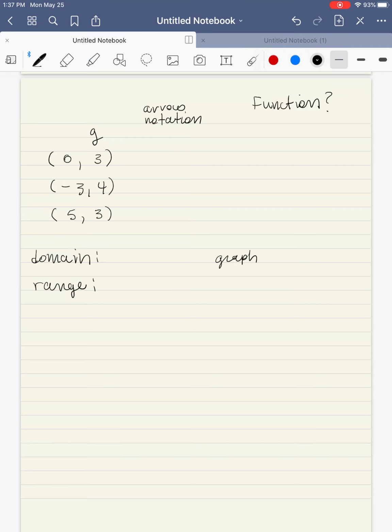And if it is a function, then write using the function notation. So I'm going to do G, and then we're going to do H. And I want you to do the same thing for it. So pause the video, spend a few minutes doing all those things, and then turn the video back on.